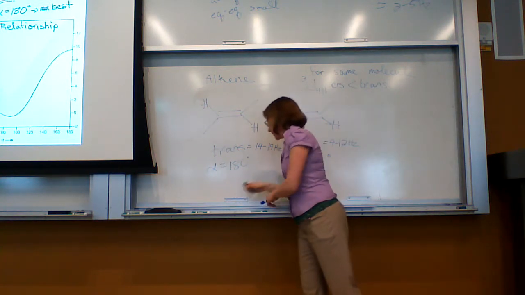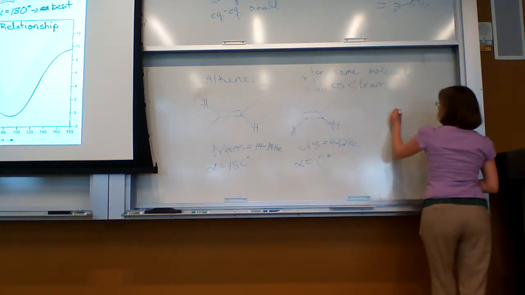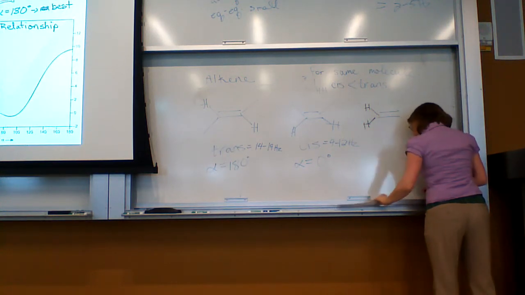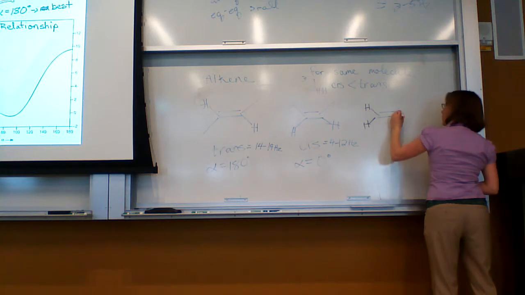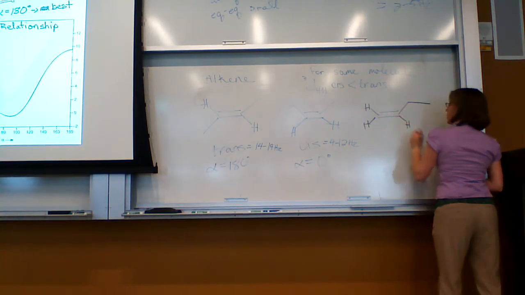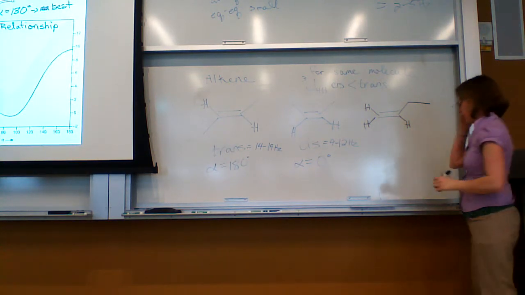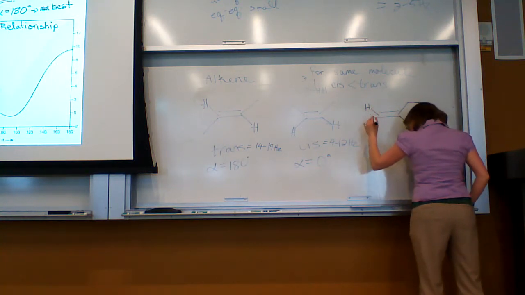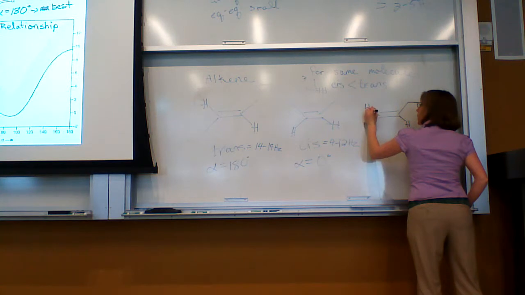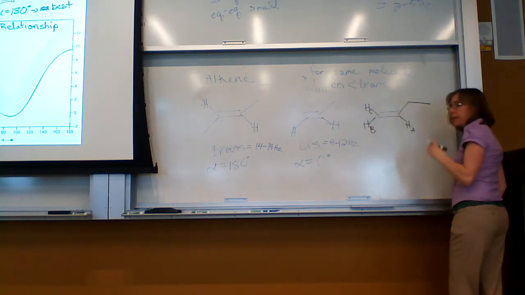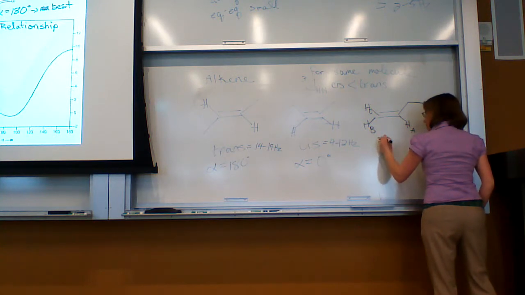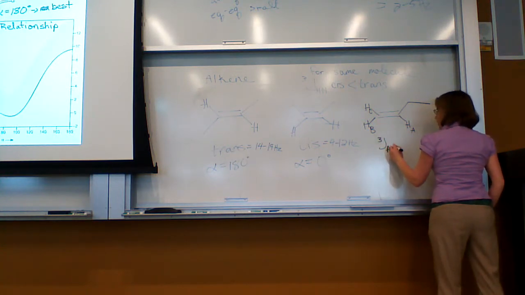Let's look at an exact structure. So we're going to look at an alkene that has 3 different hydrogens attached to it. So we'll have HA, HB, and HC. They're all going to have different chemical shifts, and the J3, I'm going to call this the AB.